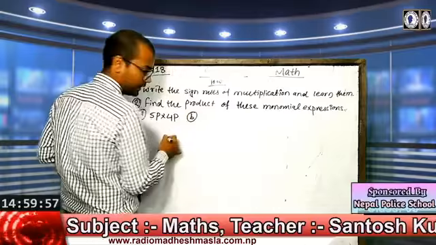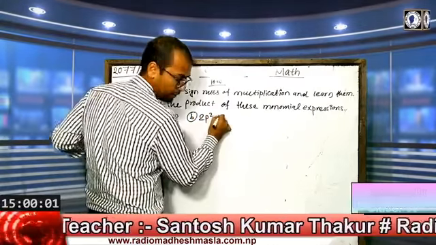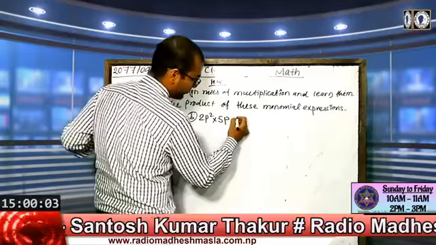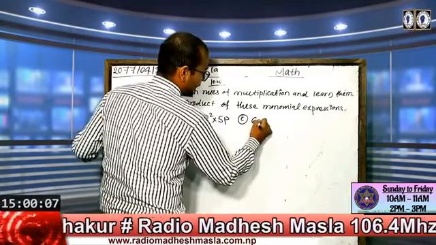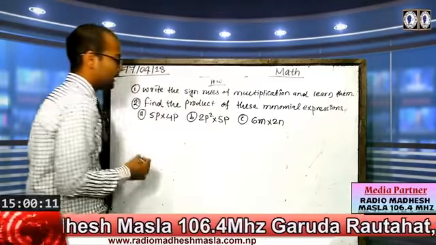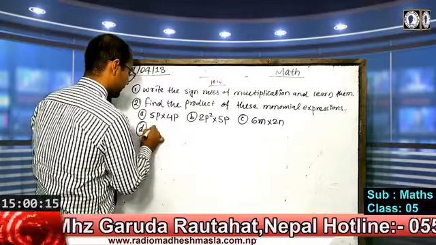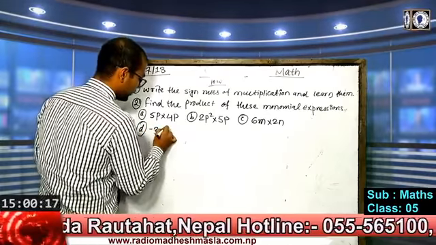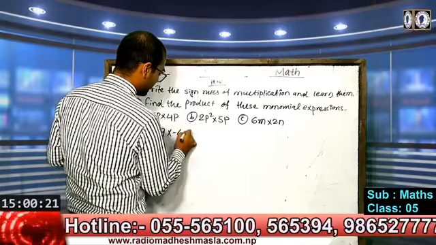Question B: 2p square into 5p. Question C: 6m into 2n. Question D: minus 3q into minus 4r.